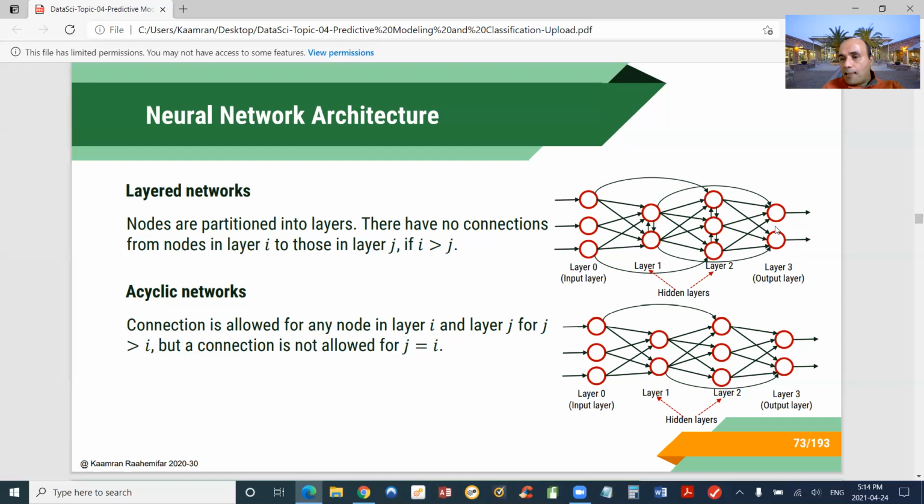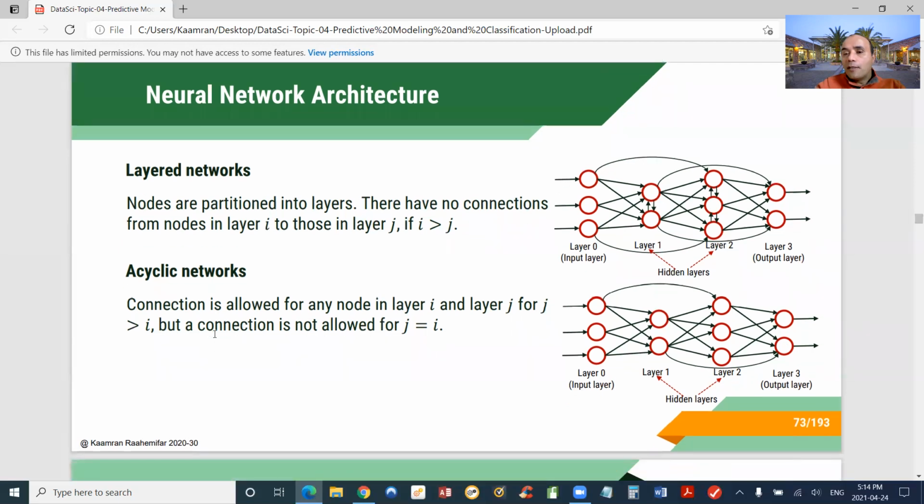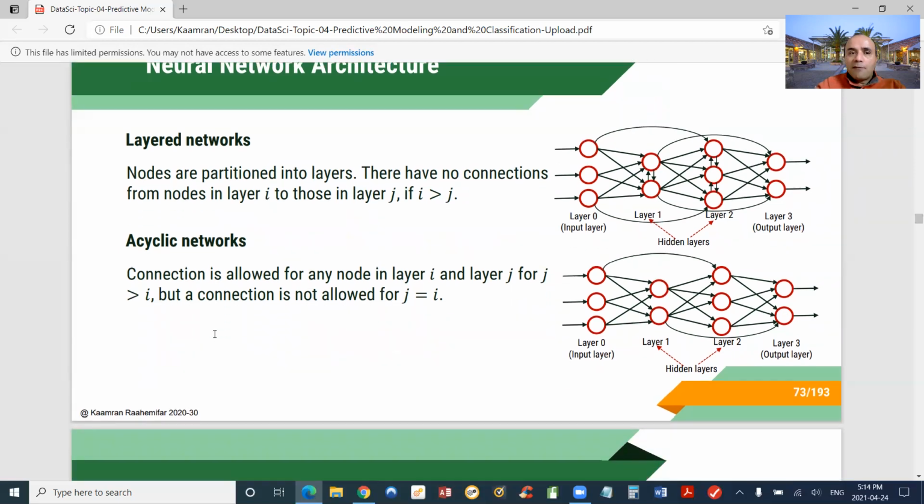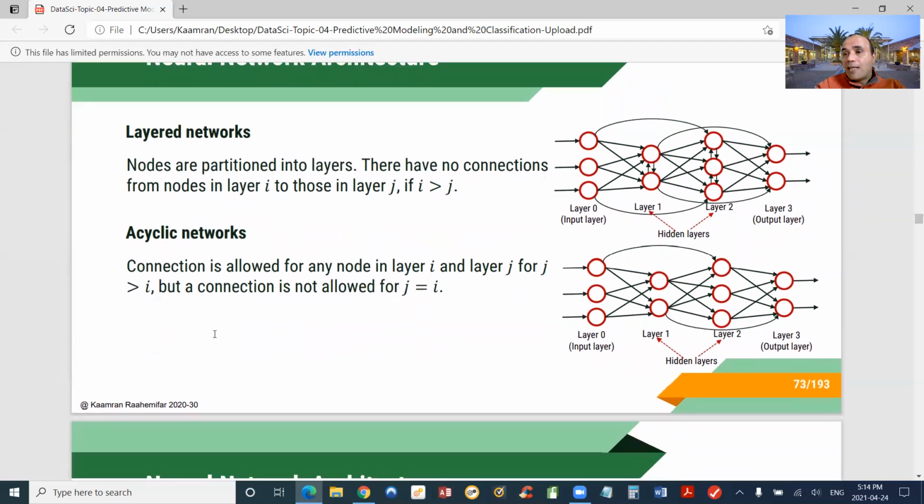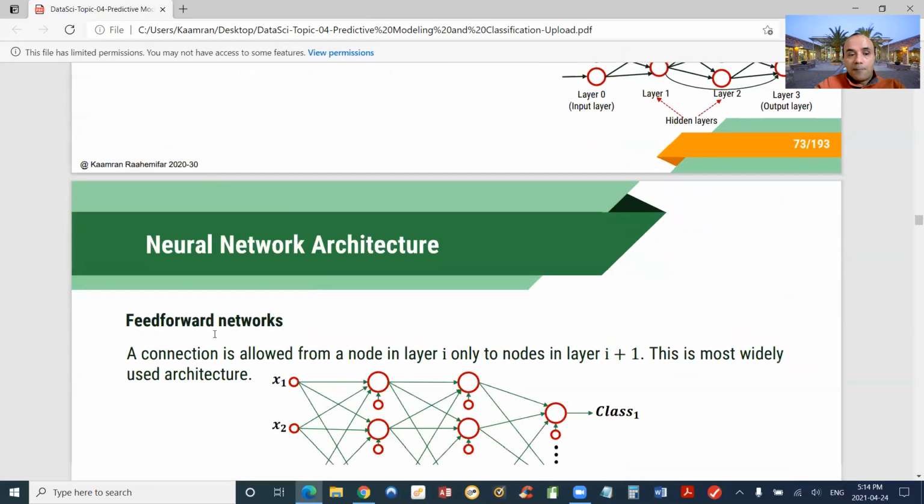If there was any interconnection within the layer itself, it has been removed. Everything else is left basically the same. Once again: input layer, output layer, and hidden layer. These text descriptions I would have to revise and make more precise to reflect what you see on the right-hand side. But generally speaking, we have layered networks and we have acyclic networks.